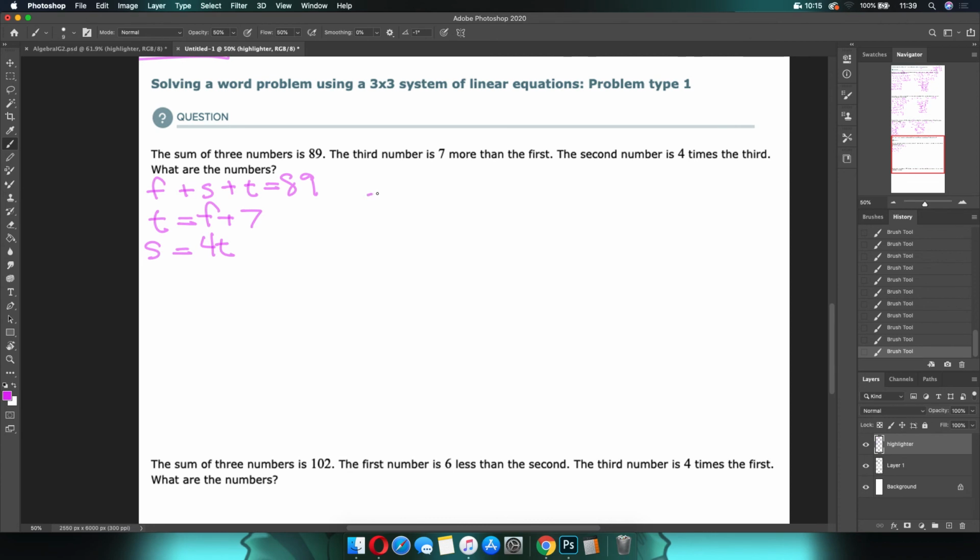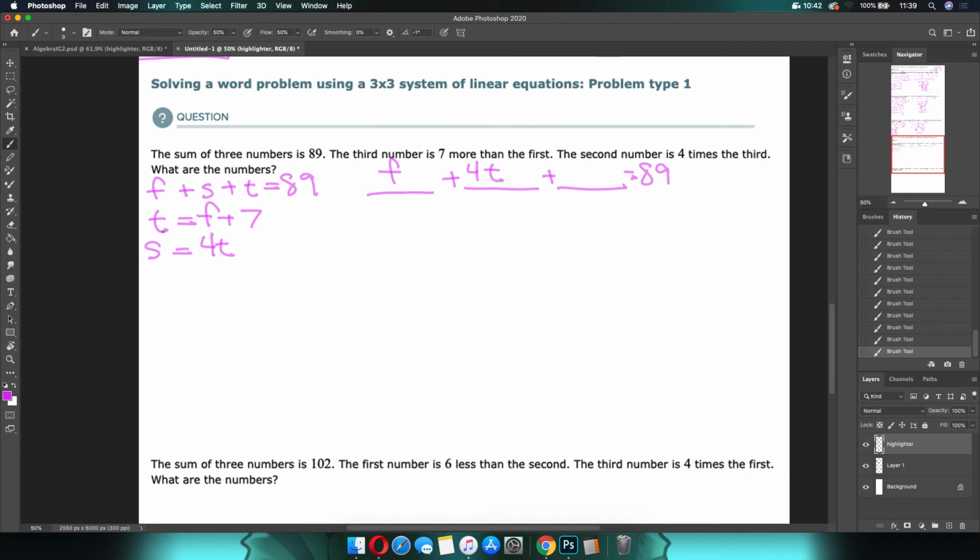So let's see here. We have our first plus our second plus our third equals 89. So is there an f equals here for us to replace it? No, so that's going to be an f. Next up, is there an s equals for us to replace it? Yes, it's going to be a 4t, okay?